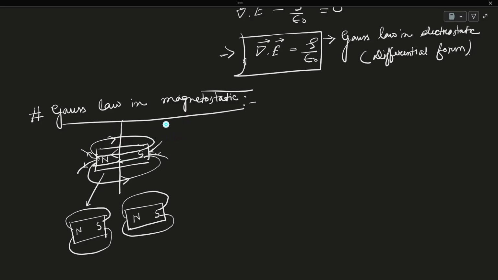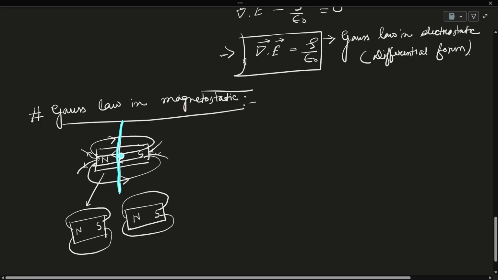So the total flux will be equal to zero. And if you consider a surface like here, then for this surface also, the total number of field lines, or flux, will be zero. The number of field lines coming inside the surface will be equal to the number of field lines going outside the surface, right?